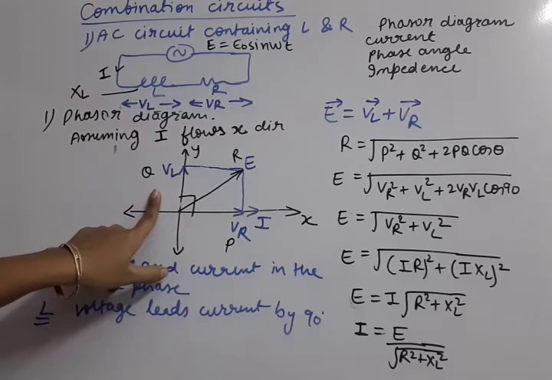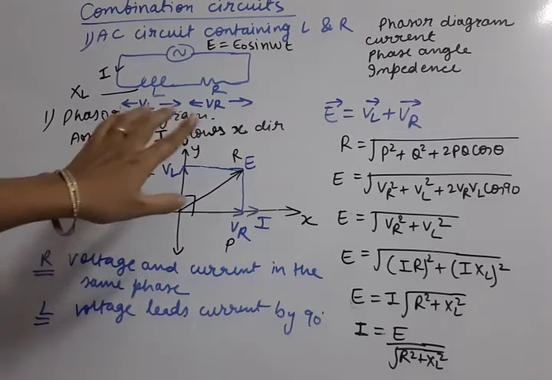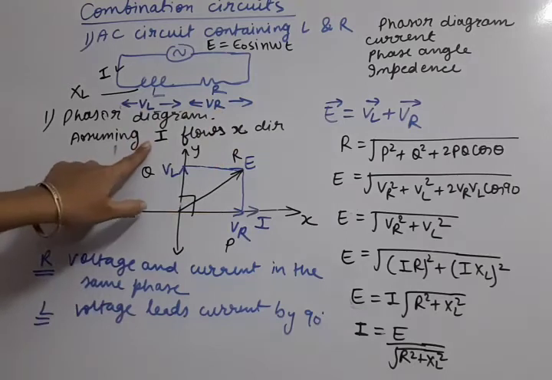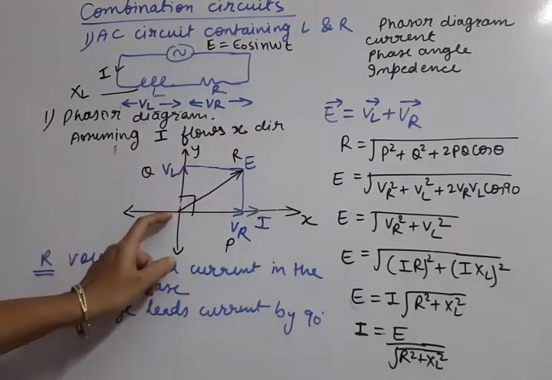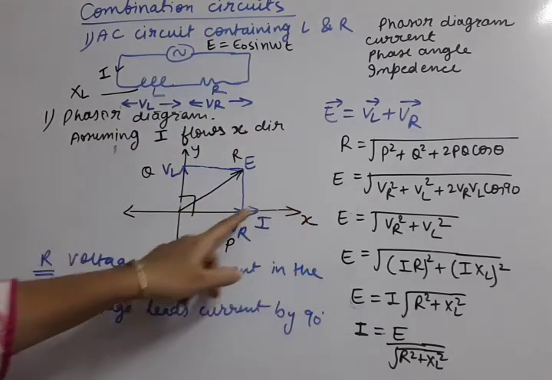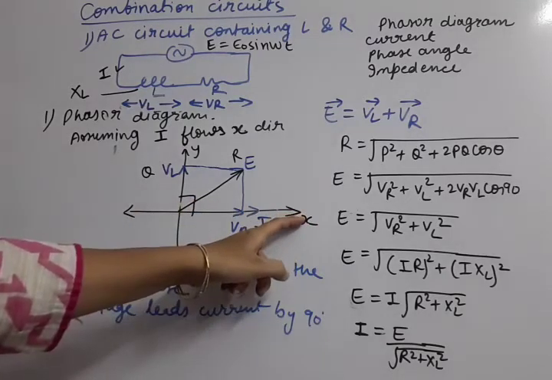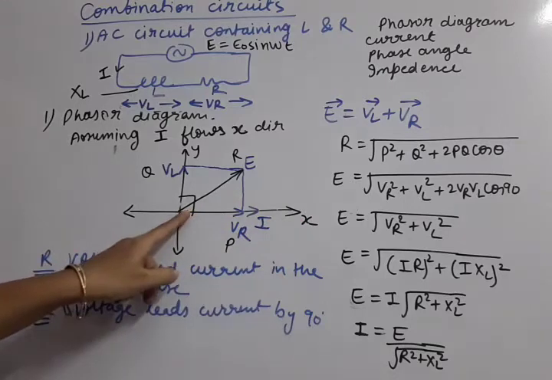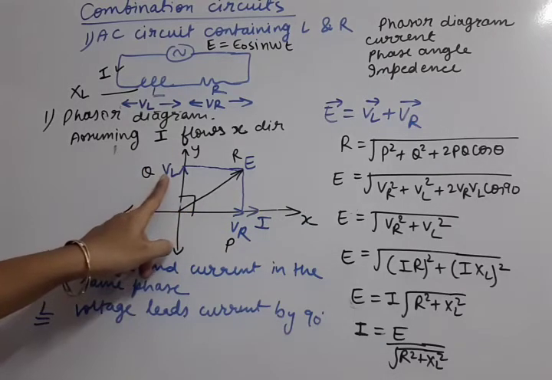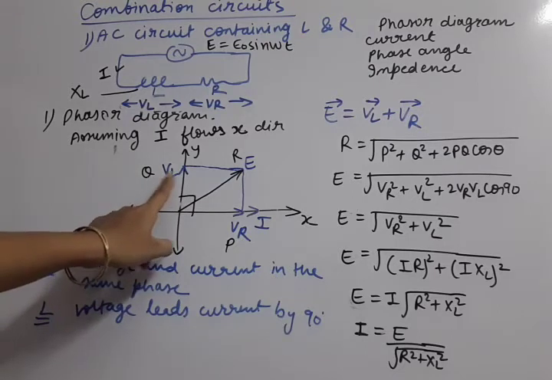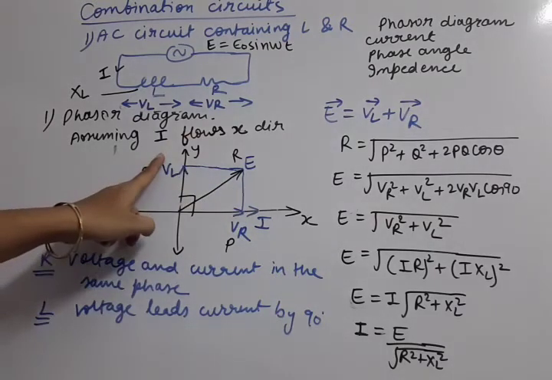How do we draw the phasor diagram? By assuming the current in any direction. So we assume the current in the x direction. Since current is in the x direction, voltage across R, VR, will always be in the same direction as current. Then voltage across inductor, that means VL, will always be 90 degree ahead of current.